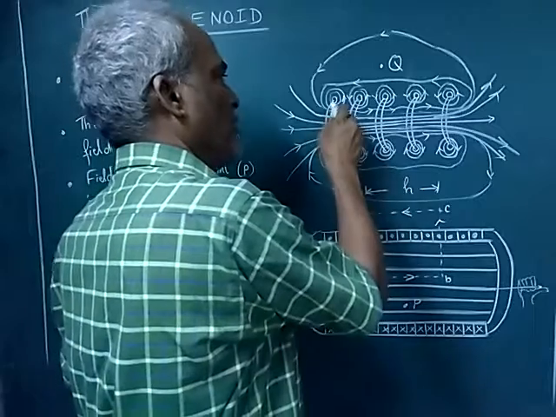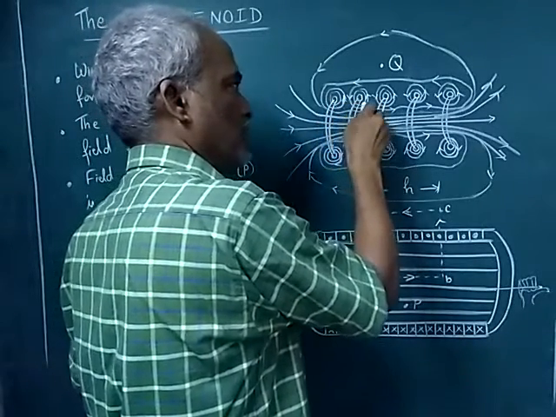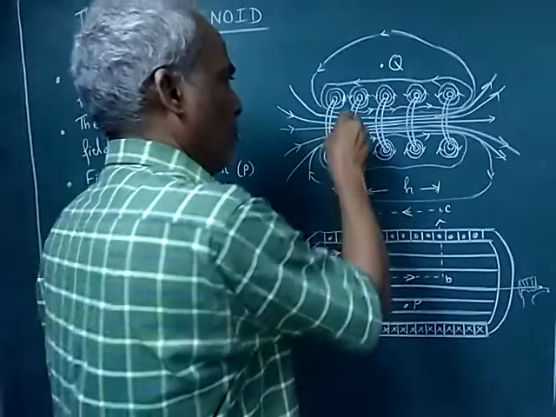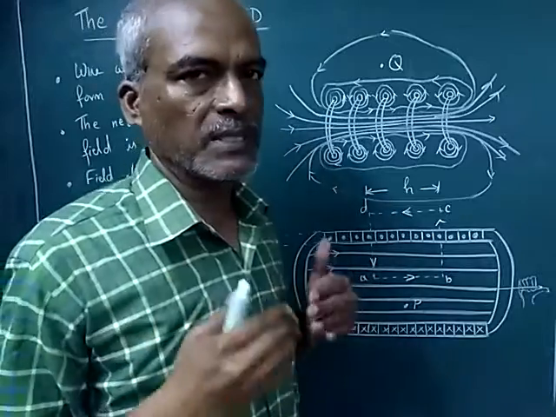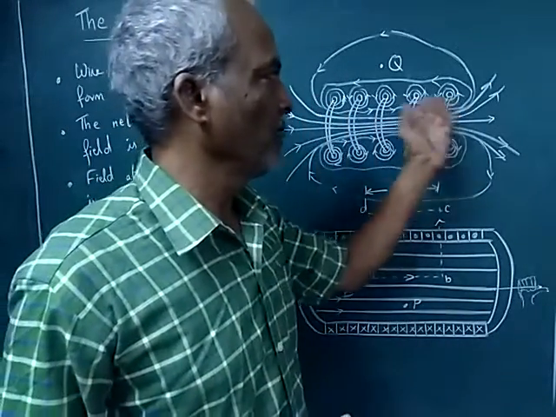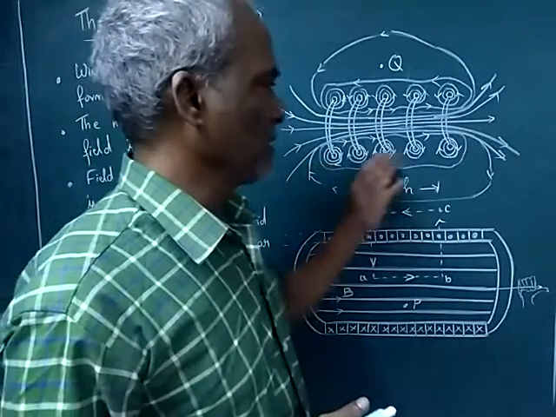So therefore if you see here, this field acts anti-clockwise, this field is also anti-clockwise. But then, because this field and this field are in opposite direction, the net field will be zero. Similarly, it happens everywhere. Similarly, it happens this side also.